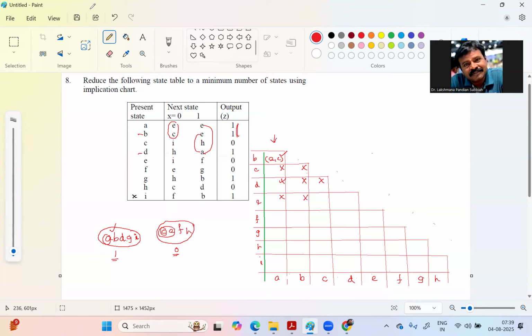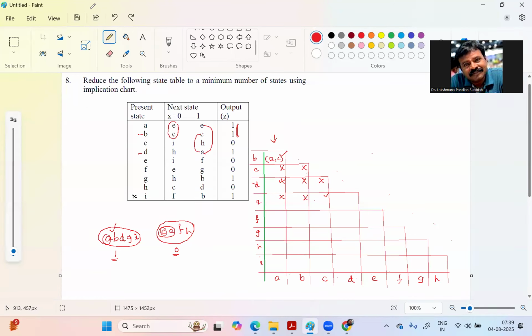CE is the same group, so it can be a pair. Through that we get H and F as the implied pair. Here we have CE, with H and F.